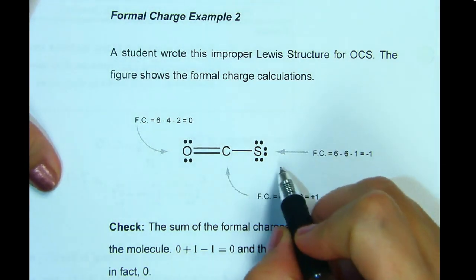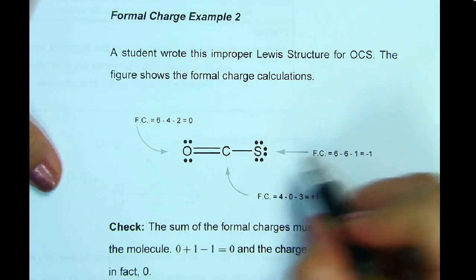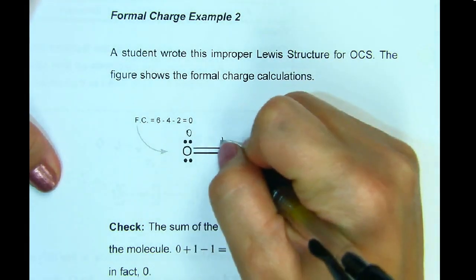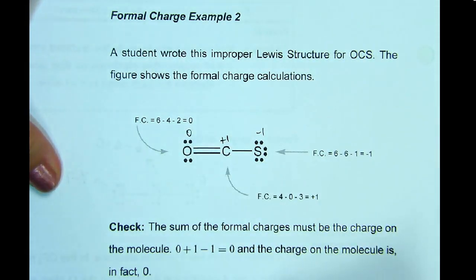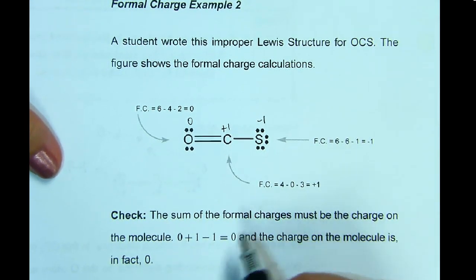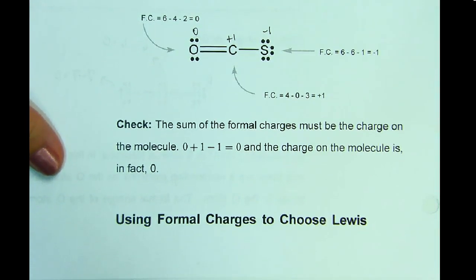And then the sulfur has 6 valence minus 1, 2, 3, 4, 5, 6, 7. 6 minus 7 equals a negative 1. So we have a 0, plus 1, and minus 1 charge here. The sum of the formal charges must be the charge on the molecule. So 0 plus 1 and minus 1 gives you a 0 overall, and the charge on the molecule, in fact, is 0.